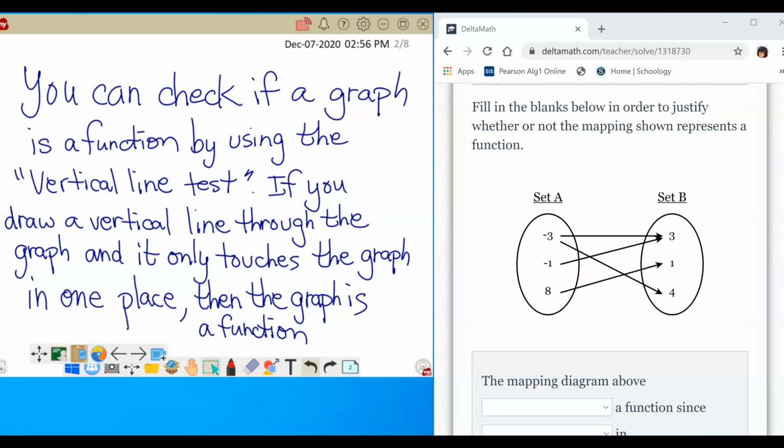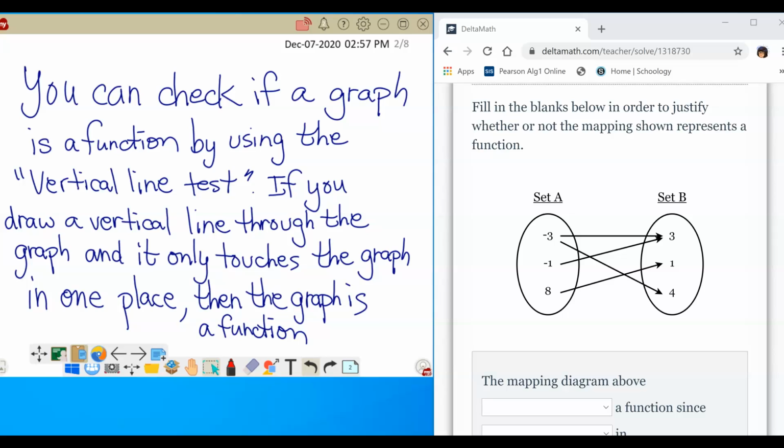Okay, so let's take a look at this mapping diagram. This one is different. Is this a function or is it not a function? Look carefully at all of your inputs and all of your outputs. I hope you noticed that -3 wants to map to 3 and it also wants to map to 4.